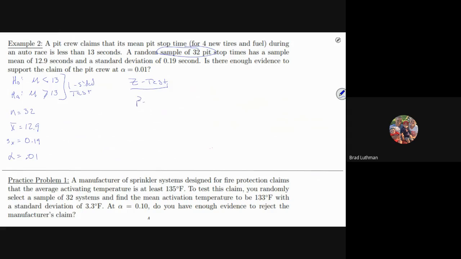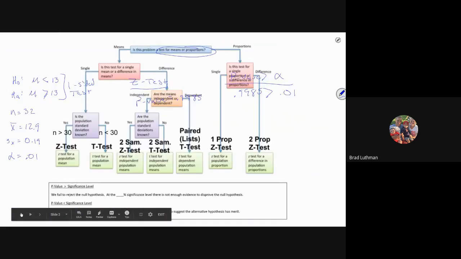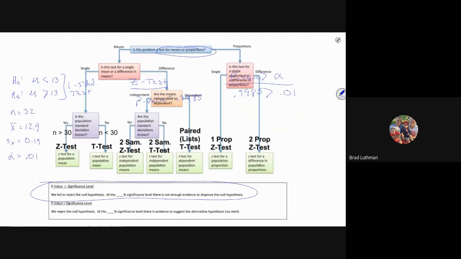I'm going to end up recording my p-value as 0.9985. Right. So now I'm going to make a p-value statement. My p-value is actually much greater than my significance level. 0.9985 is greater than 0.01. When we do that, this is the case where we fail to reject.